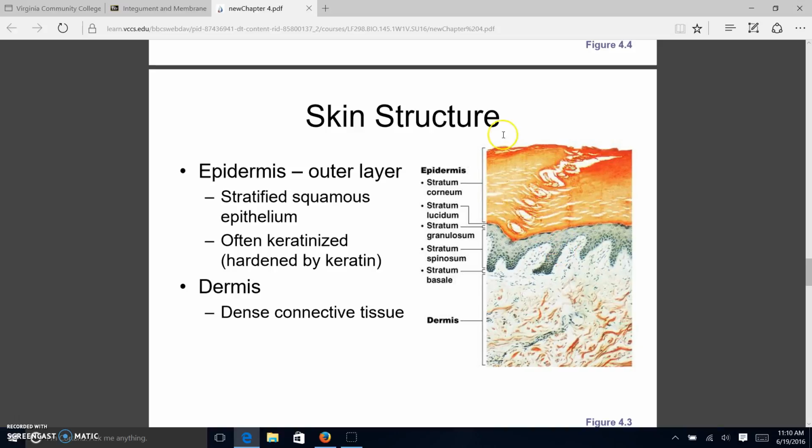So if you're darker skinned, you're much more protected from ultraviolet light, because the melanin tends to protect the nucleus in each of the cells. If you're lighter skinned, you're much more susceptible to skin cancers because you don't produce as much of this protective dark pigment that protects your nucleus. So whether you're dark skinned or light skinned, if you're in the sun a lot, you probably need to wear some sort of sunscreen or sunblock.